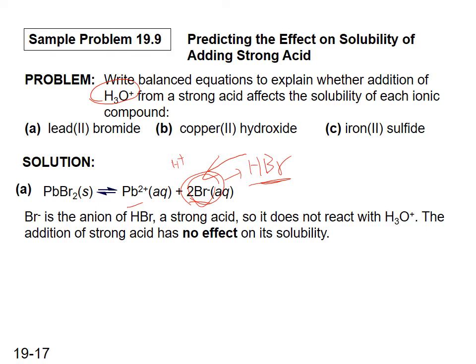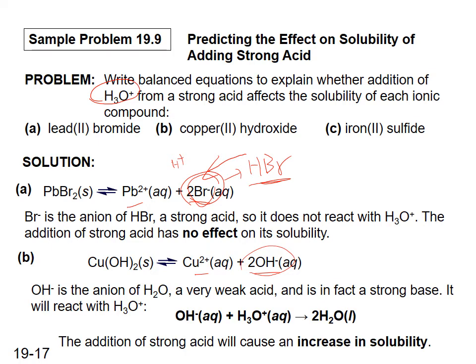Now let's look at B, copper hydroxide. The dissolution reaction produces copper ion and hydroxide ion. Again, the question is, does hydronium ion react with hydroxide ion? Although hydroxide does not come from a weak acid, it does react with hydronium ion to form water, and that's the reaction.